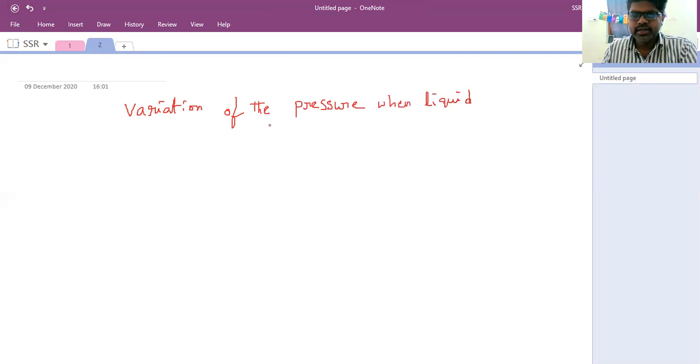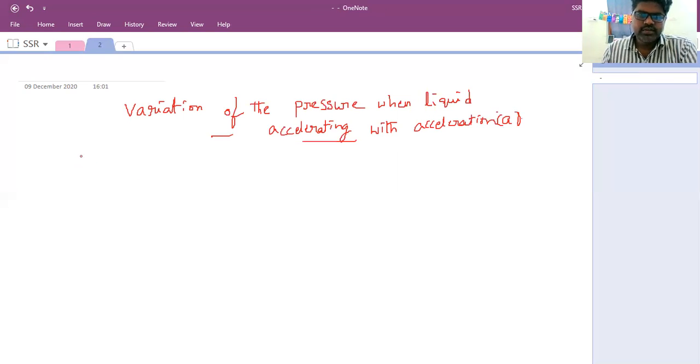Liquid or fluid accelerating with some acceleration a. In this case, the acceleration will be either vertically upward, vertically downward, or horizontal. There are three cases. We'll see one by one.